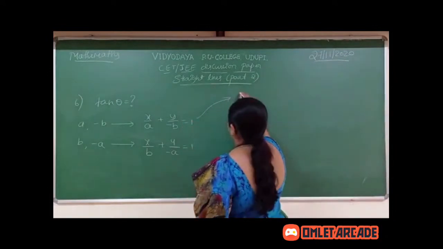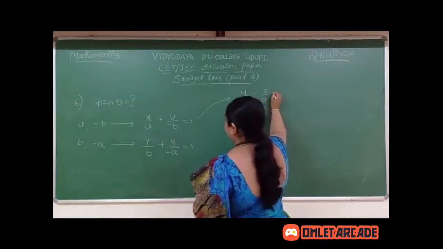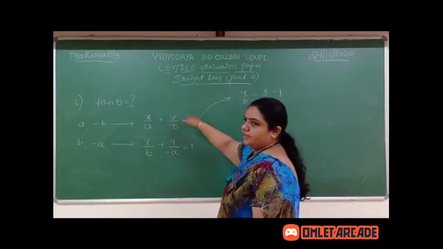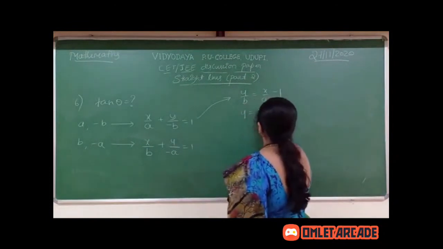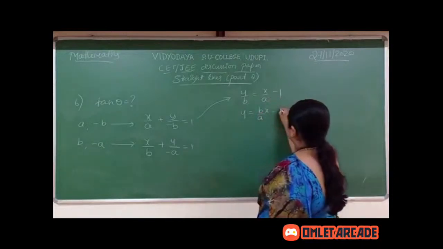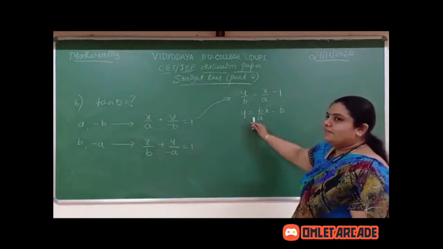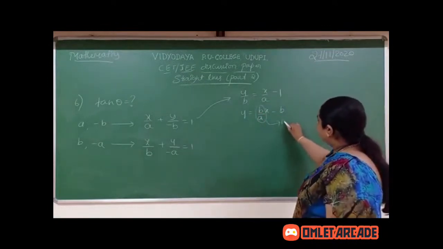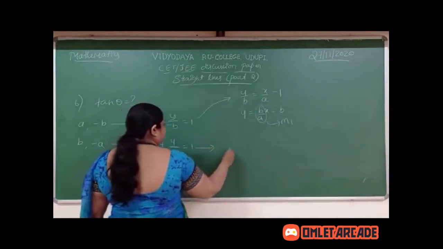So let me take this equation. y by b is equal to x by a minus 1. See, I shifted these 2. So y is equal to bx by a minus b. So now is it in the form of y is equal to mx plus c? So this is m1, isn't it?